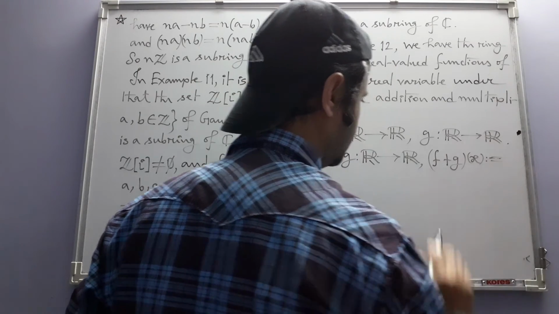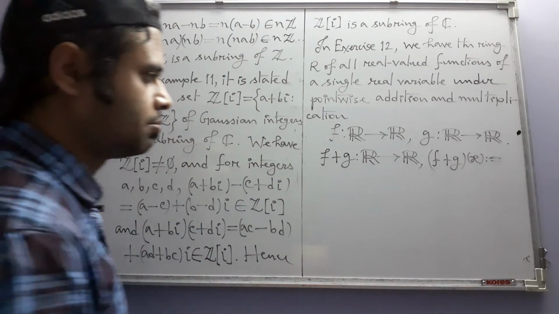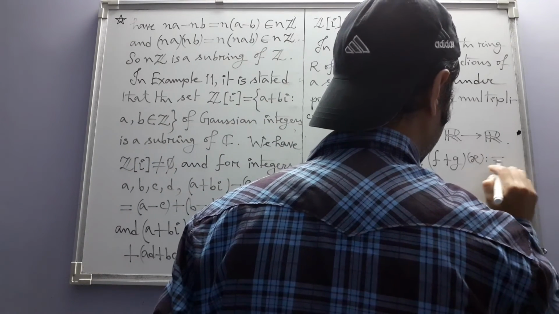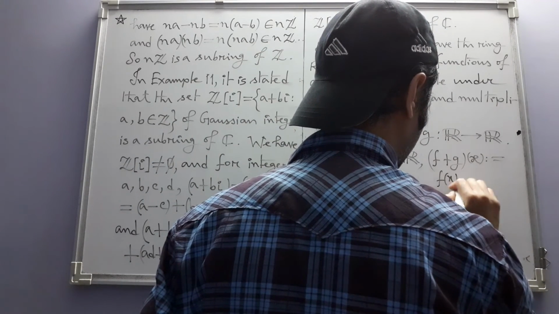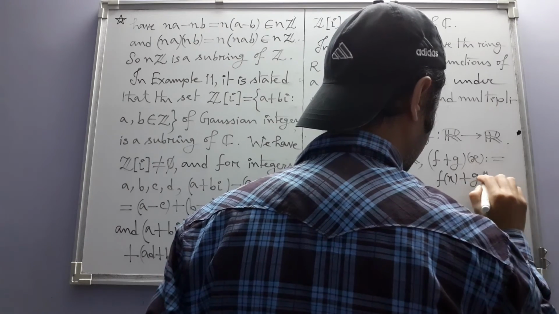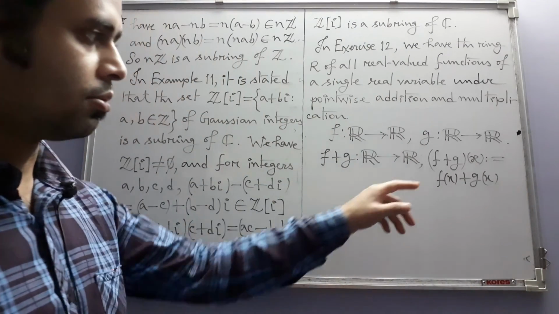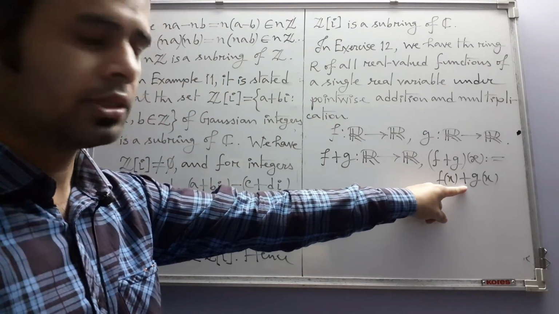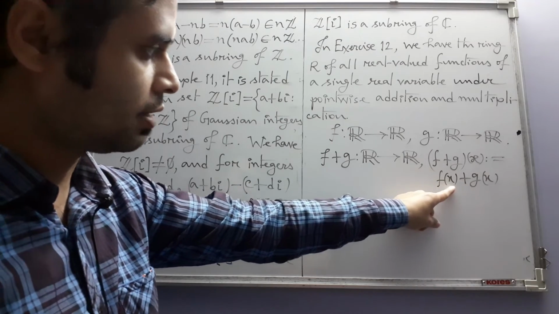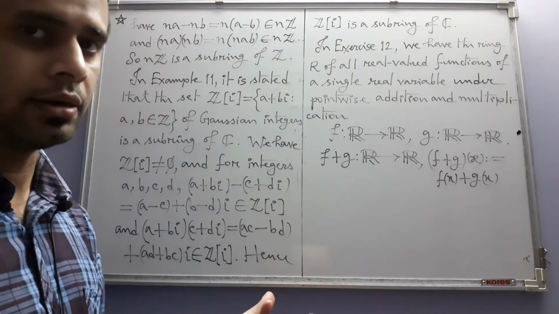F plus g at x, where x is some real number, is defined to be equal to f of x plus g of x. Note that this plus is ordinary addition of real numbers, because f of x and g of x are real numbers.